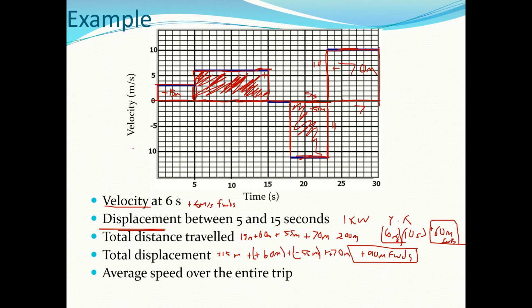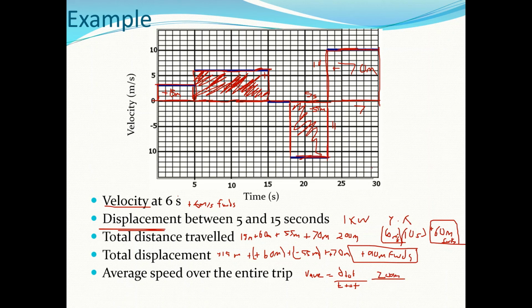For my next one, I want to find the average speed over the whole trip. Well, how did we find average speed before? Oh, well, to find our average speed is just going to be our distance total over our time total. Right? We already know our distance total. Our distance total we found to be 200 meters.